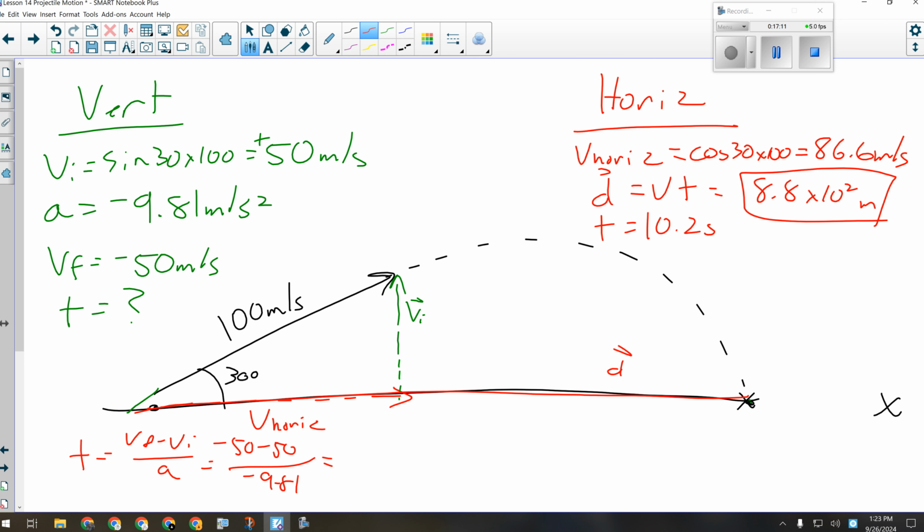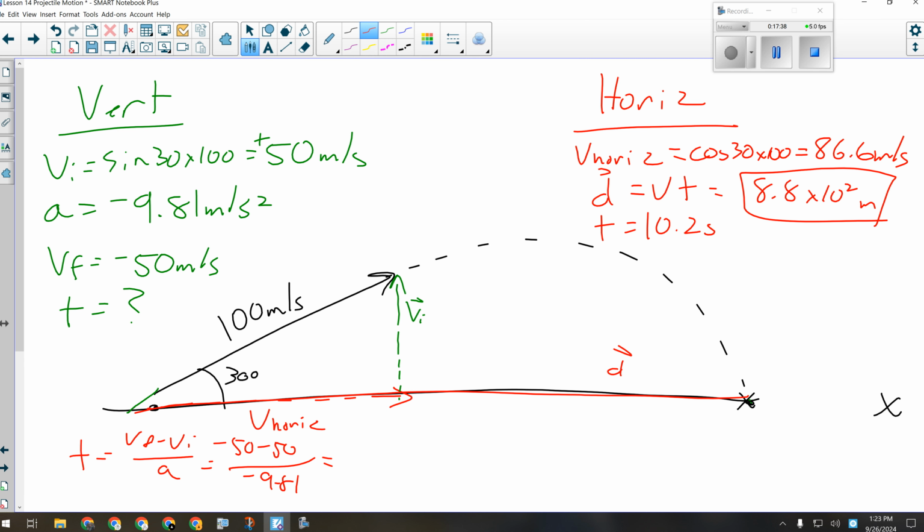Everybody all right with that? One other thing that projectile motion problems sometimes ask for: occasionally, they'll ask for the maximum height achieved by the projectile. If I'm looking at this arc, when does the object hit its maximum height?